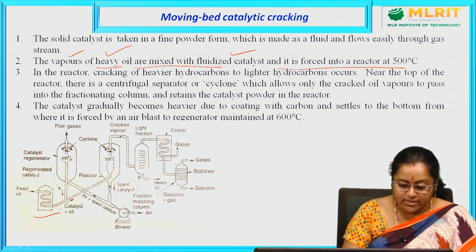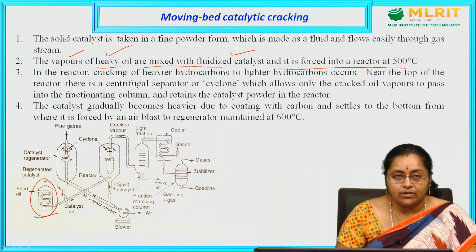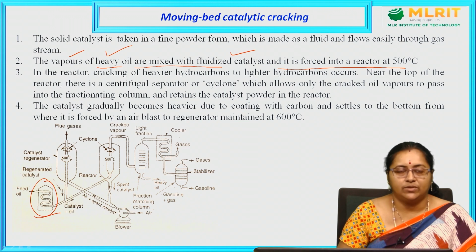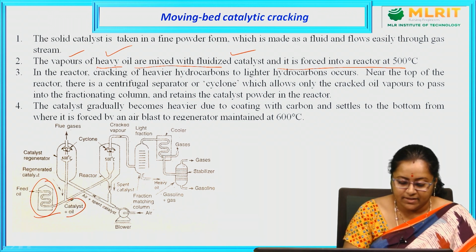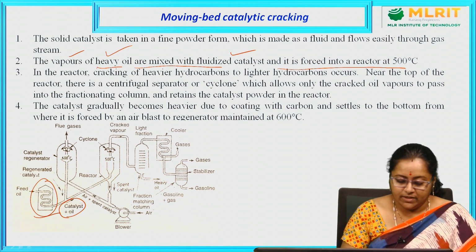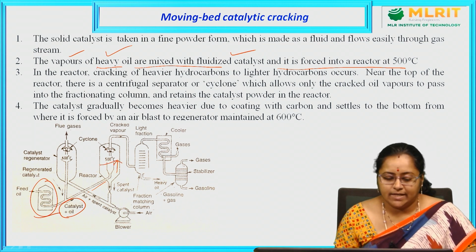If you notice this apparatus, this is the retort used for converting that heavy oil into vapors by heating, and then it is mixed with the solid catalyst in fluid form. Here it is mentioned catalyst plus oil, and it is then allowed to pass into this reactor where the temperature is maintained at 500 degrees centigrade.